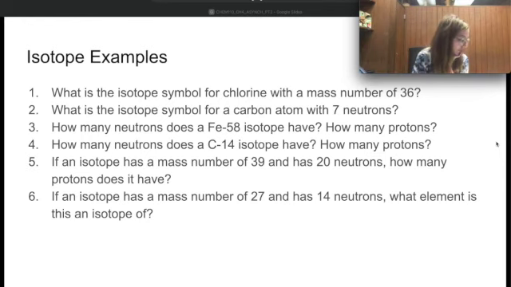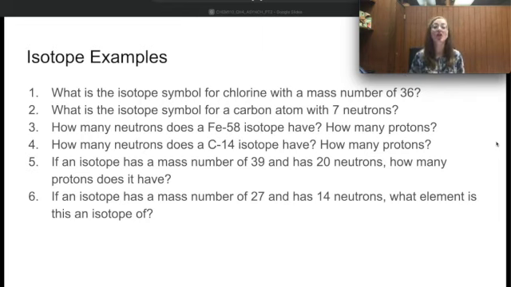So I can go to the periodic table and find the element that has the atomic number of 13. If it has an atomic number of 13, that means it has 13 protons. So I'm using my number of protons to figure out which element it is using the atomic number. So in this case, example number 6, our element is aluminum, because aluminum has 13 protons.